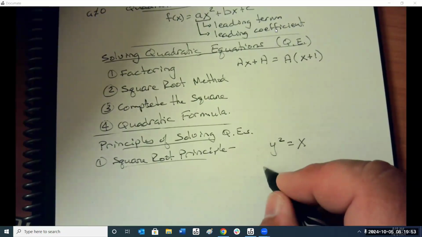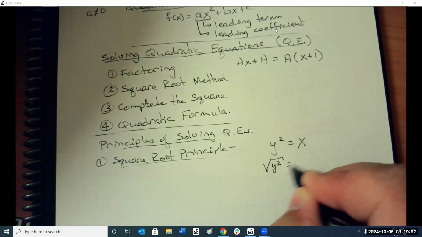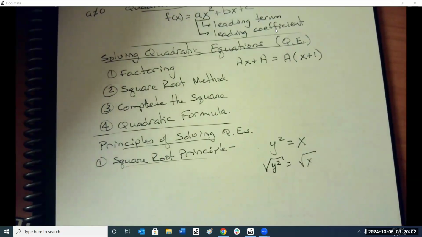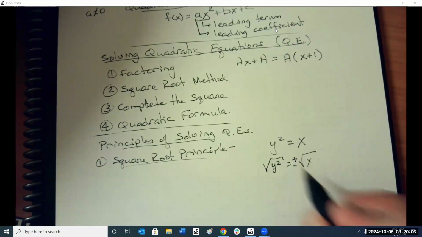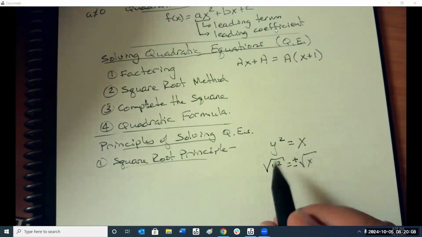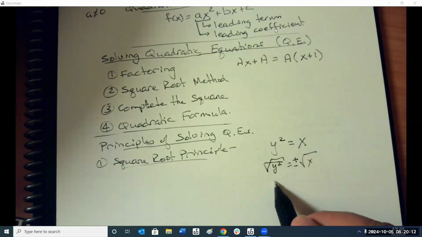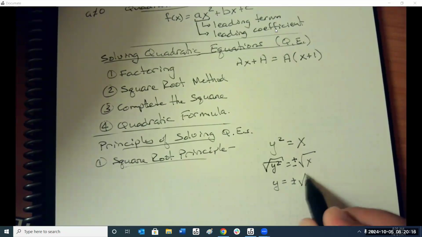When I square root both sides, I have to put a plus and minus in front of the answer, because the square and the square root cancel, leaving us with y equals plus or minus the square root of that number.